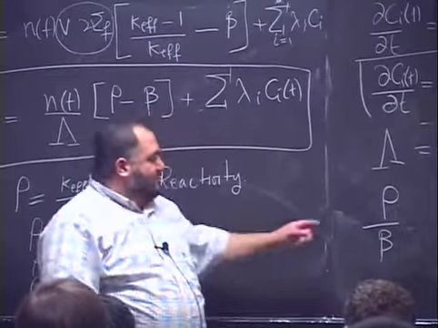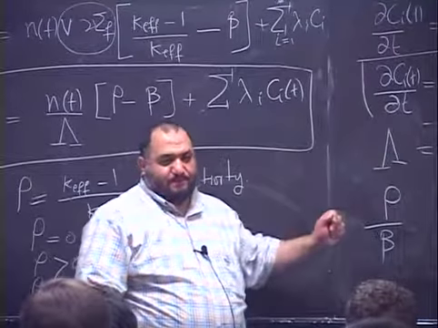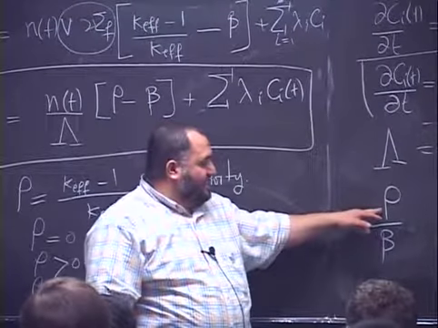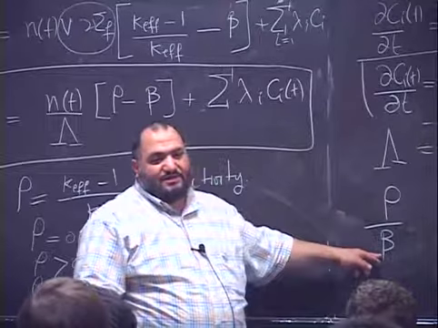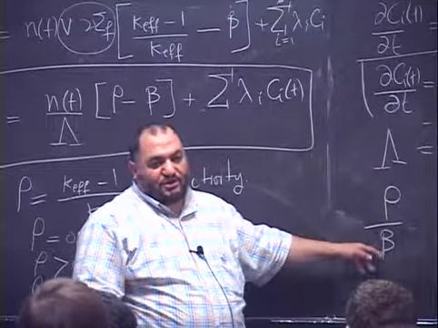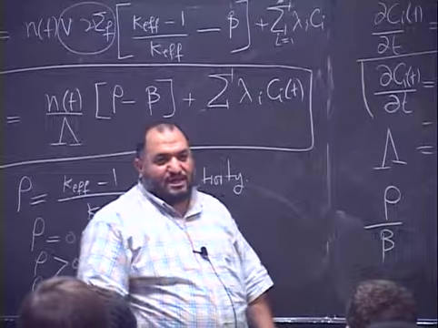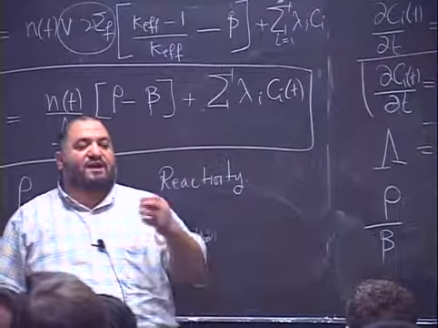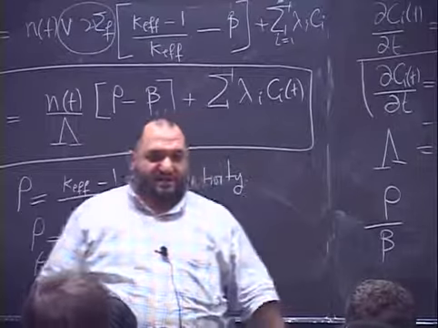So they say, let's say, 0.2 divided by 0.0065, which is beta. Okay, guys?